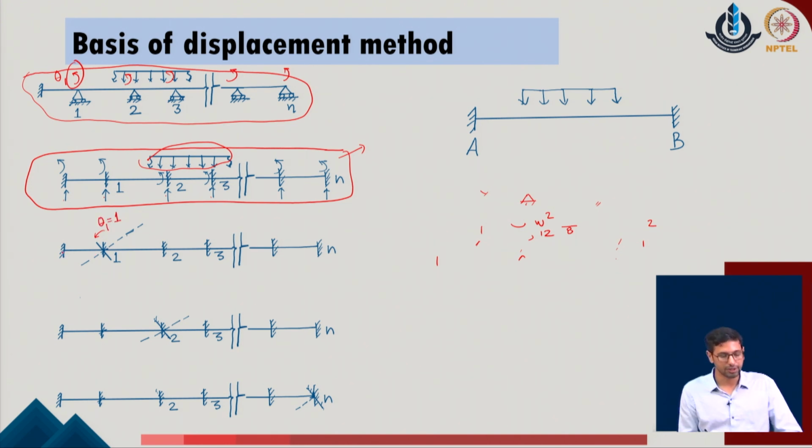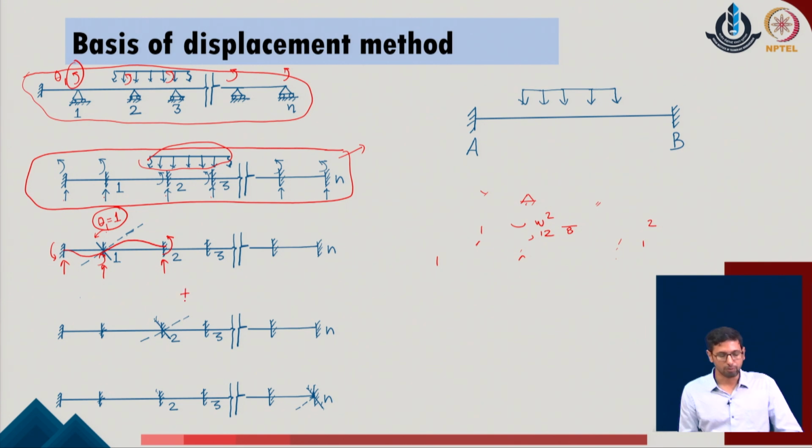With respect to the unit theta 1, the system will undergo a deformation profile like this, and once the system undergoes deformation, we will have a set of reactions or forces generated in the given problem. Once we know these forces, we can calculate their values, and these are the corresponding values due to the unit rotation provided in the direction of theta 1.